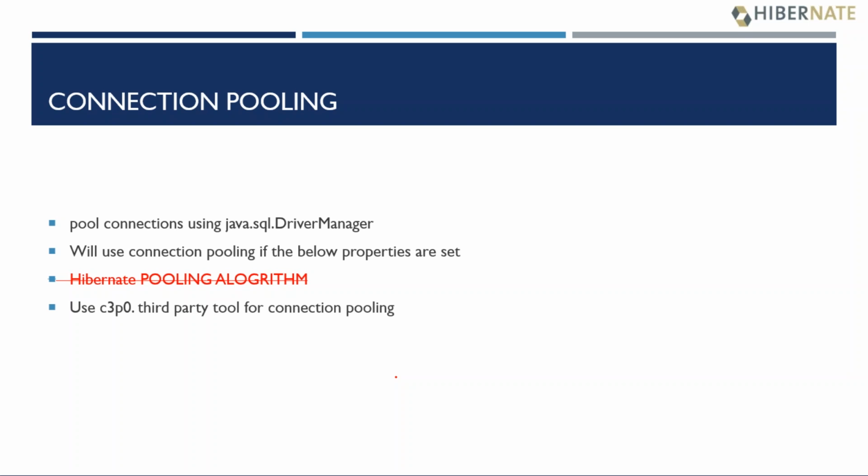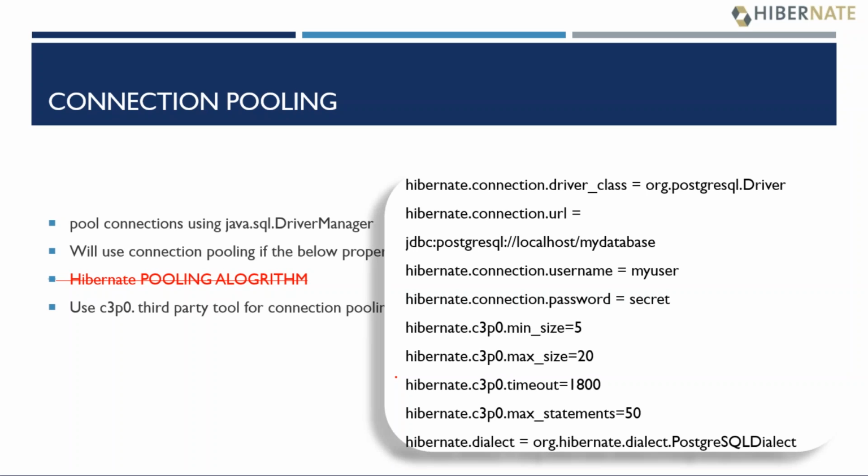So you can use C3P0, that is a third-party tool for connection pooling. If you're using another third-party pool for connection pooling, you need to specify that. So we are using C3P0. This is the third-party pooling algorithm that we are using.